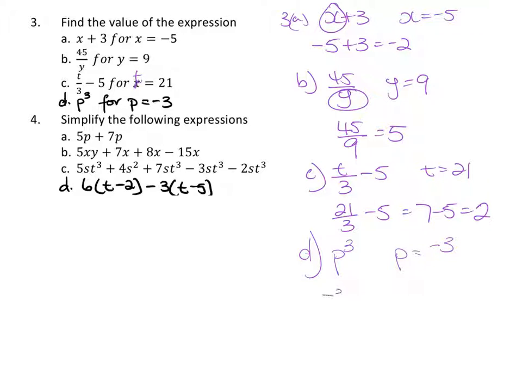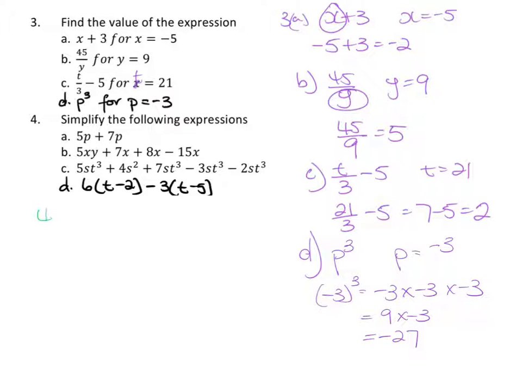So that gives us minus 3 cubed, which is minus 3 multiplied by minus 3 multiplied by minus 3. And minus 3 by minus 3 gives us positive 9. So that gives us minus 27.